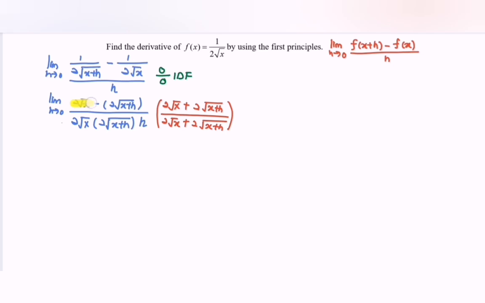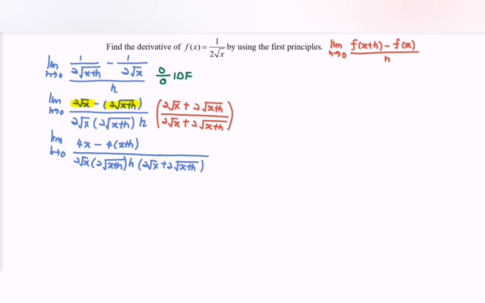So we have a squared, then limit as h approaches 0, we have 4x minus, this one we square, so we will have 4 bracket (x plus h), over 2 square root of x multiplied with 2 square root of (x plus h) multiplied with 2 square root of x plus 2 square root of (x plus h).